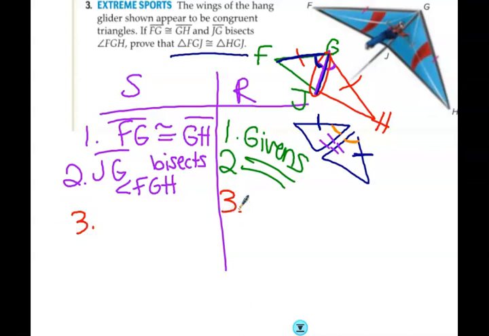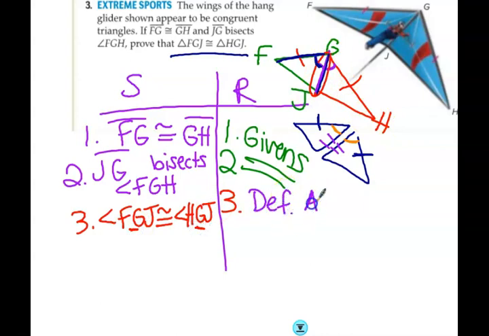All right, so from there, I need to write down my information so I can prove that FGJ is congruent to HGJ. Remember the G's are in the middle because of the definition of angle bisector.